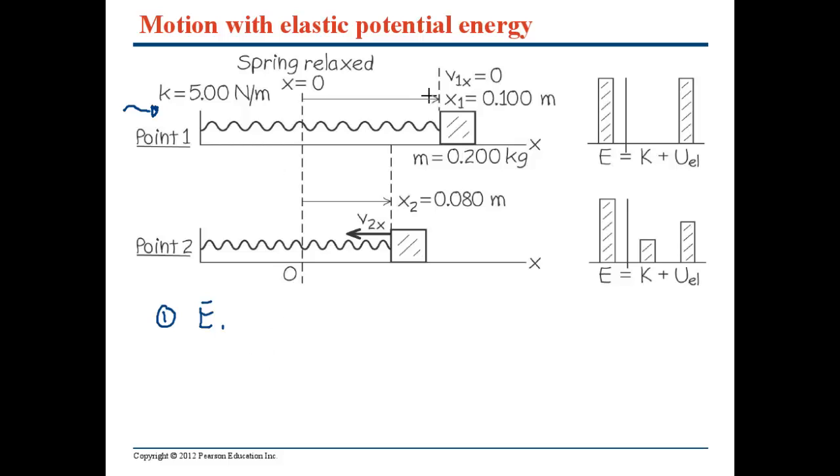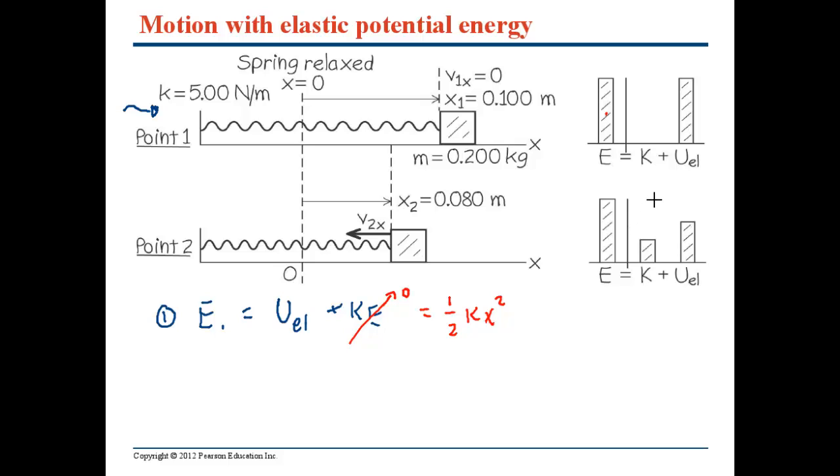The spring has been stretched out to some distance, so we know that it's going to have some spring energy, and it is not moving, so the kinetic energy is going to be equal to 0. The energy at point 1 is simply going to be 1/2 k x squared.